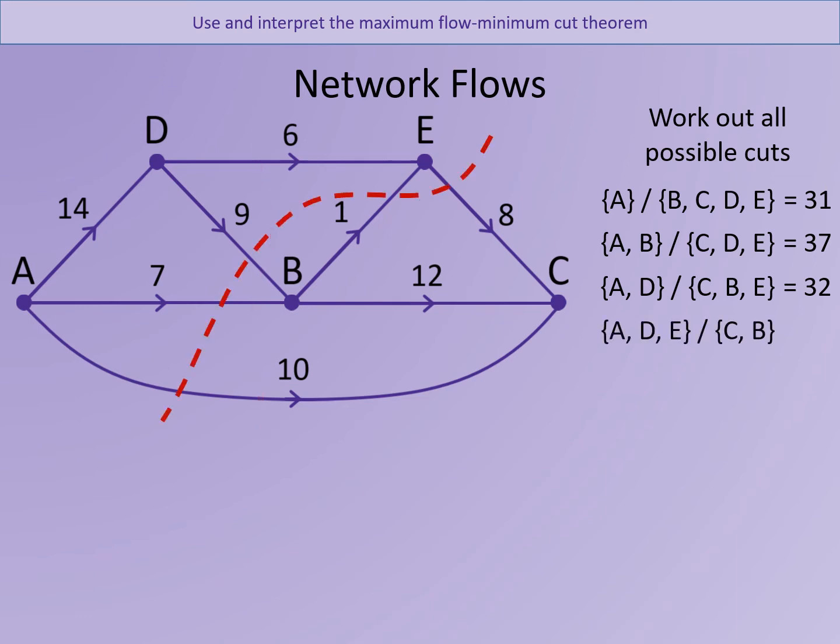Next, here is another cut. Again, pause the slide and work out the value of this cut, only adding arcs that travel from source to sink. So we can see this time we've got BE is travelling from sink to source. So BE won't be included in this cut. So when we add together the value of the arcs that are crossing it in the right direction, we get 34.